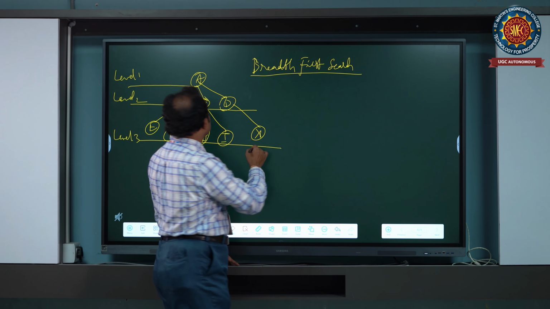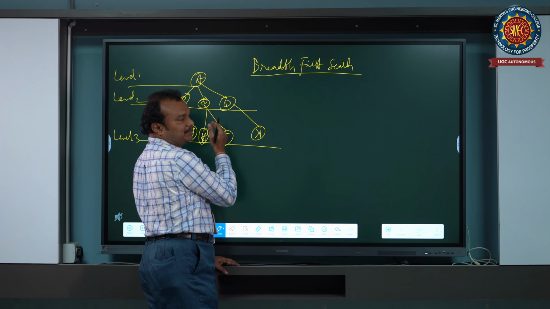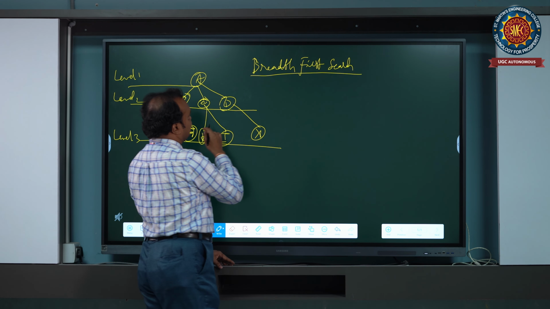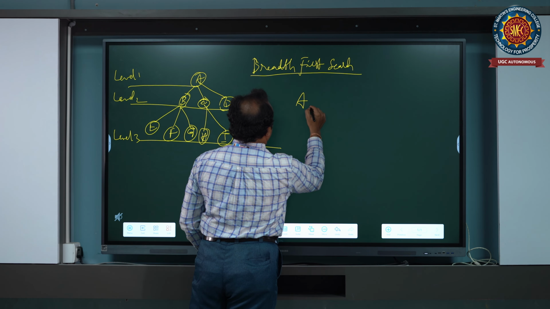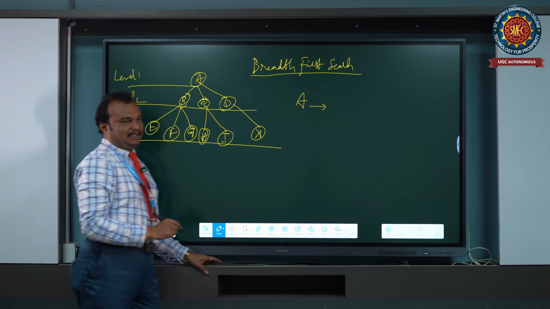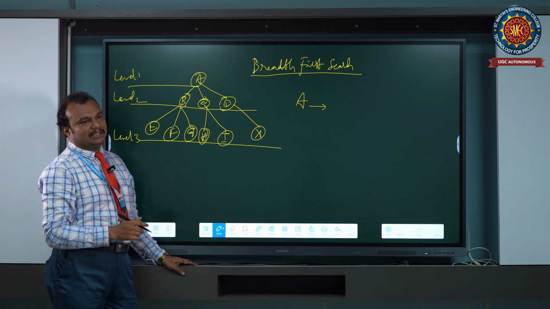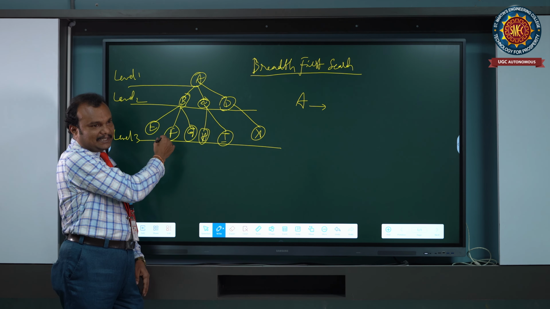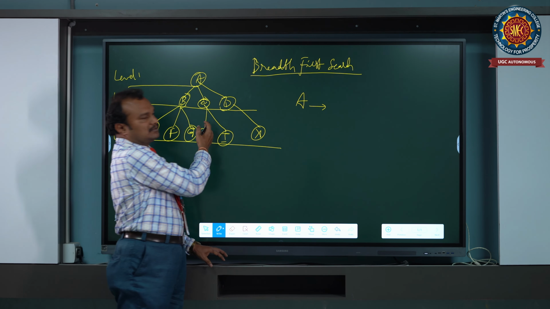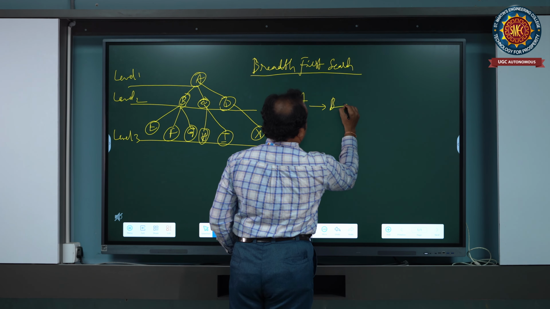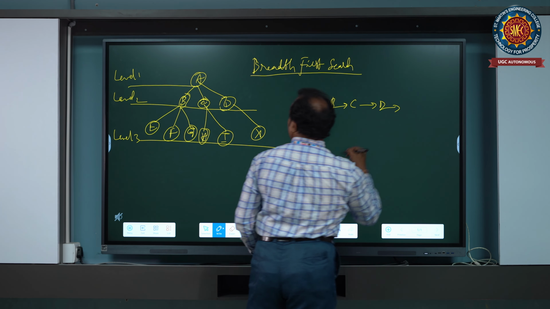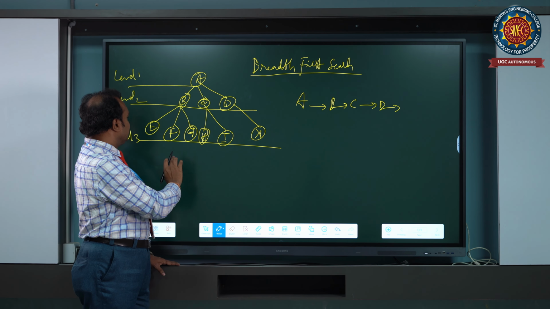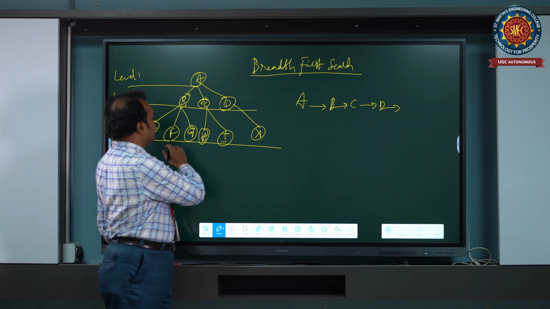So first it will print the level 1 nodes starting from left to right. The level 1 has only one node, that is A. Then coming to the level 2, in this example level 2 consists of 3 nodes, again starting from left to right. So that will be B, C and D. Then followed by the next level, level 3. In this level 3, the nodes visiting order will be from left to right.